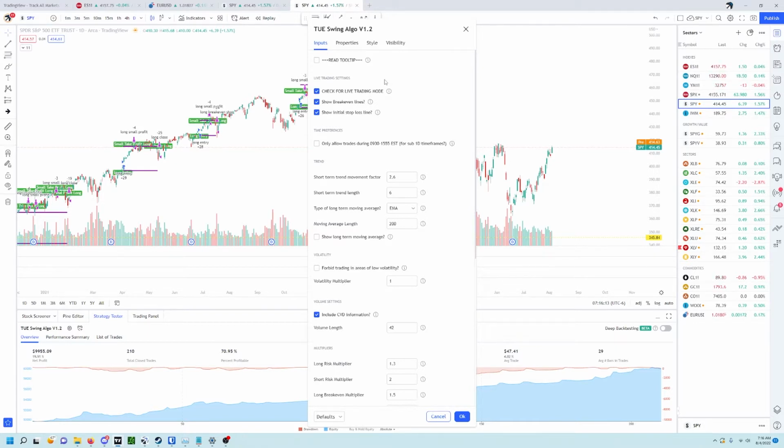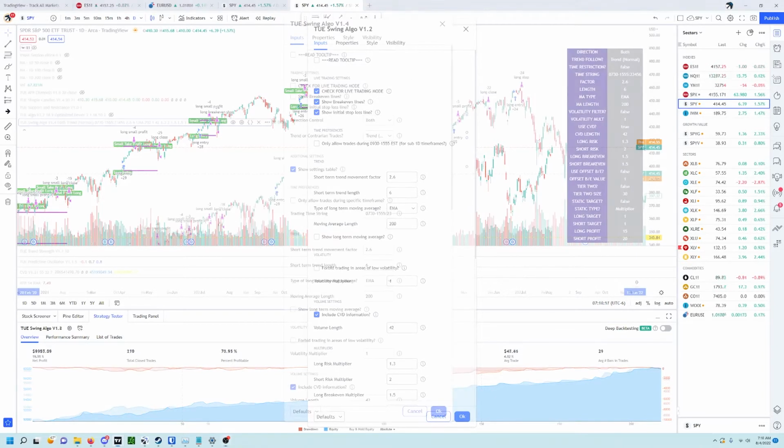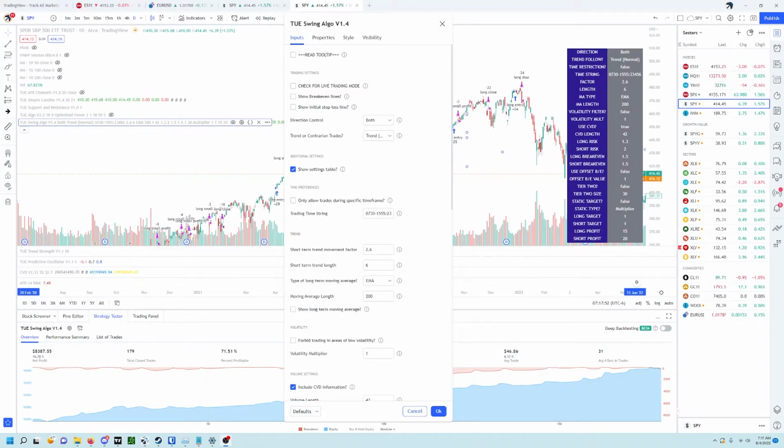But for the most part, the settings and everything are going to remain the same. All right, I brought up the most current version of the algorithm here. This is version 1.4. We may go to a version 1.5 when we get to the automated trading, but like I said, most of this will stay the same.